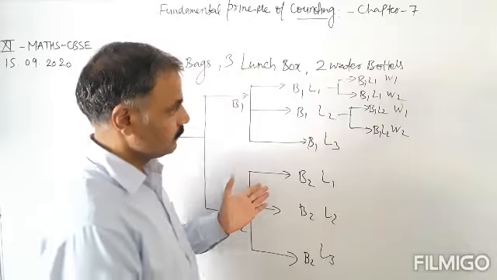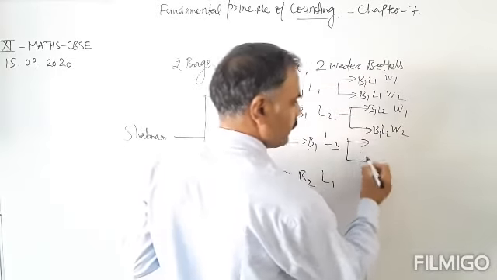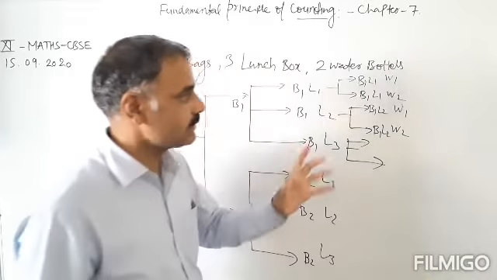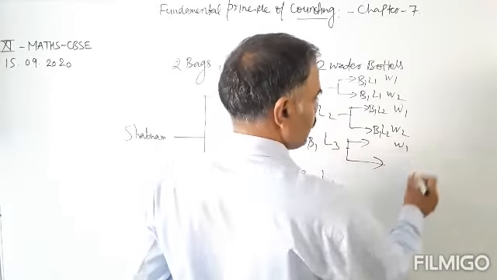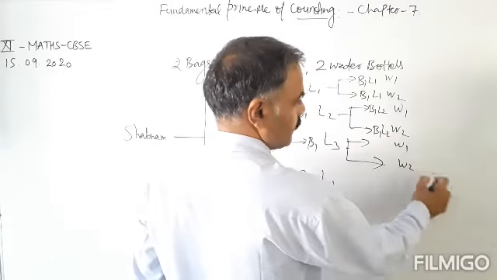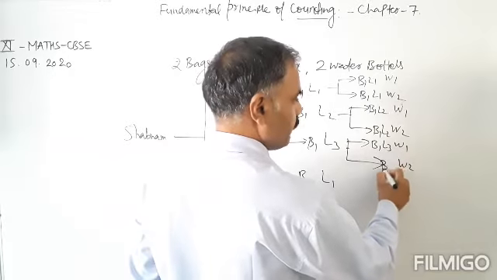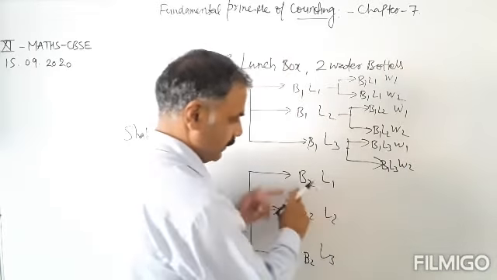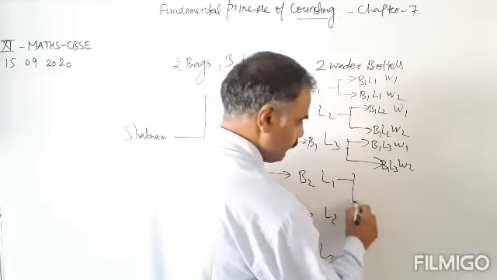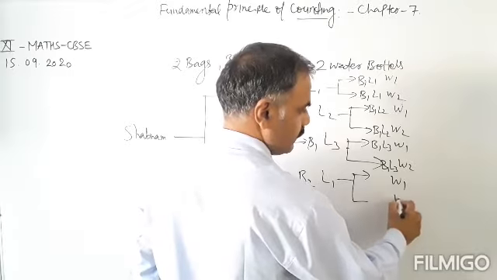Now with this she also has 2 choices, water bottle first and water bottle second. So B1 L3 W1, B1 L3 W2.